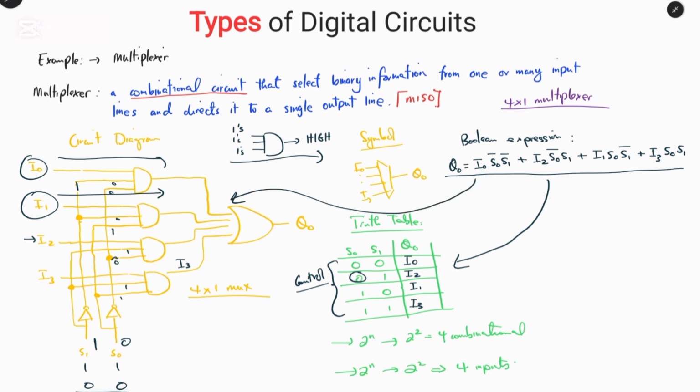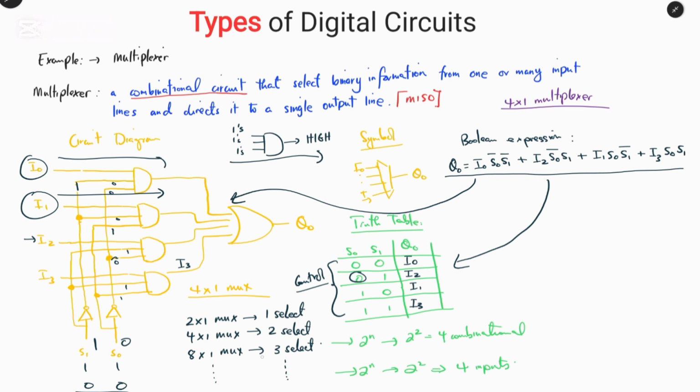So all of these are interrelated. With this example, we can see that by looking at the 2 by 1 mux, we can simply go to the 4 by 1 mux, and then we can have an 8 by 1 mux. Due to the control, which is the select lines, we normally have one select line, and here we have two select lines, and here we can have three select lines, and so forth.